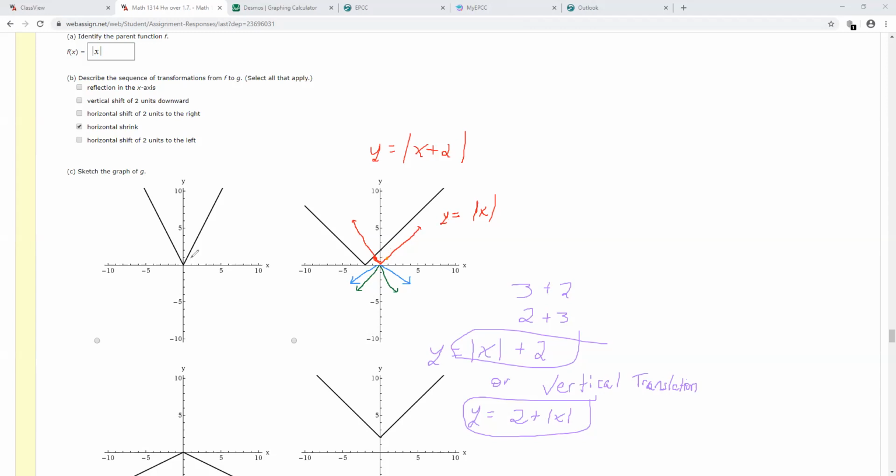So the point was 1, 1, and now it got compressed closer to the y-axis. So now it went from this dot on the original graph to this dot. And the same thing with 2, 2. 2, 2 was here, and that's right here.